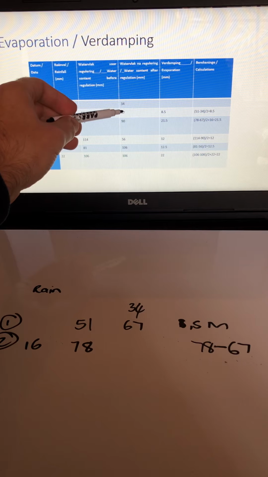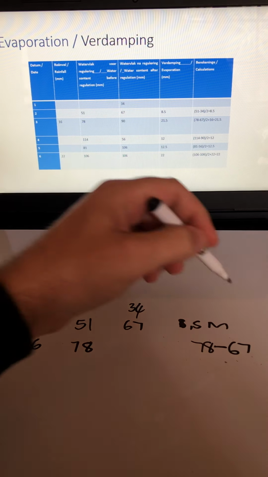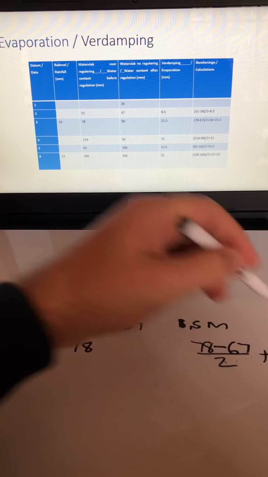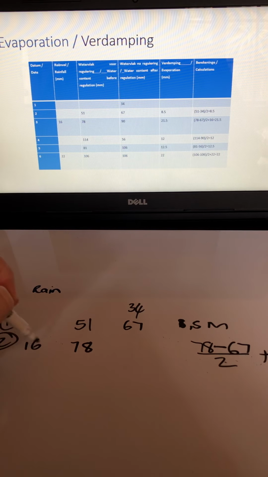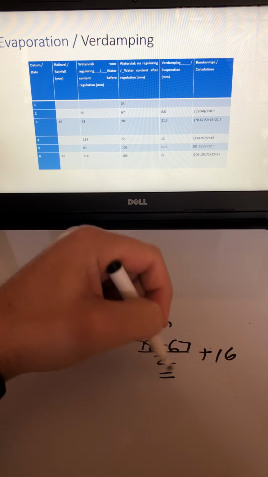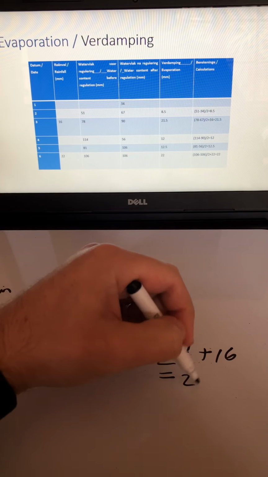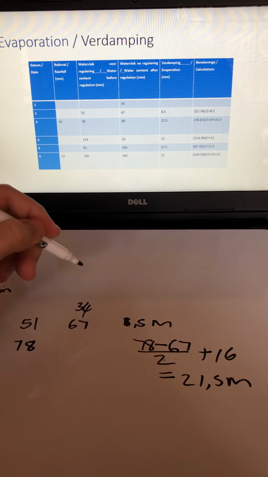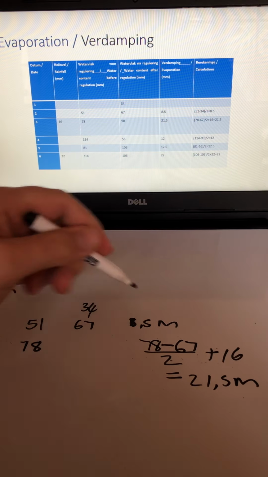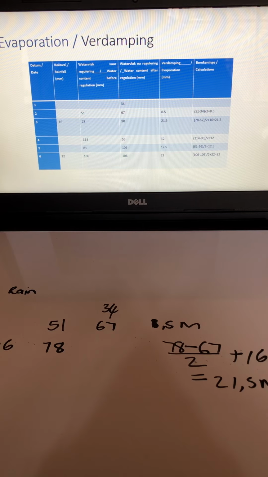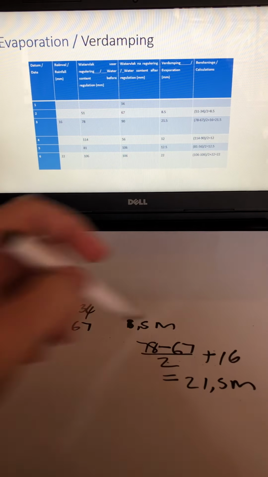So there's the 67 that I'm referring to, divided by 2 plus 16, which is this amount of rain. And shift that, and this will give you an answer of 21.5 millimeters. And so the amount of evaporation you had is 21.5 millimeters.